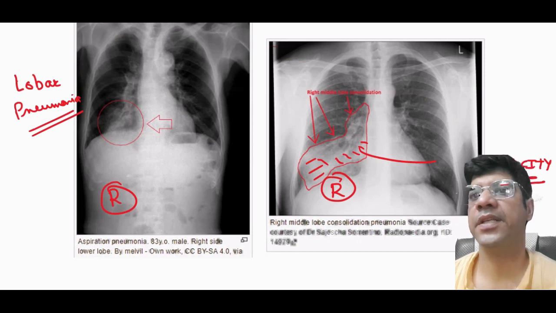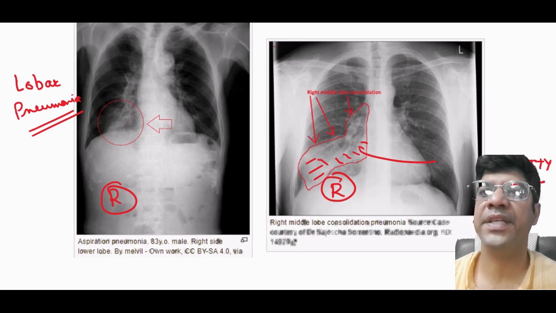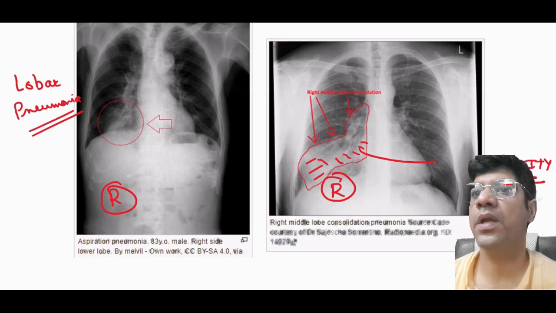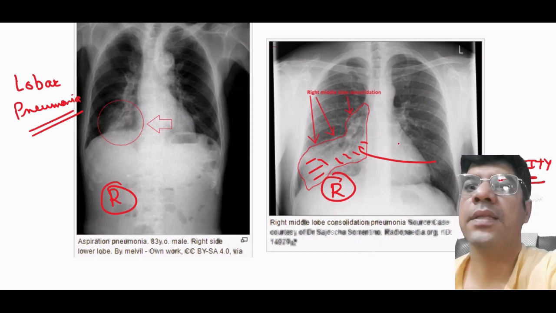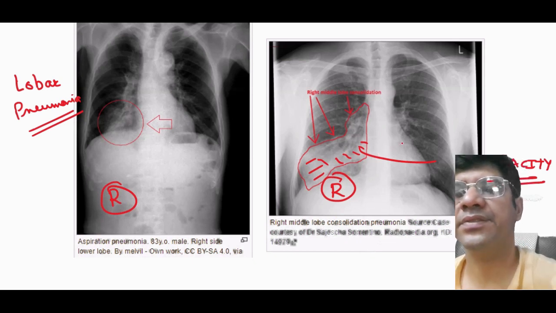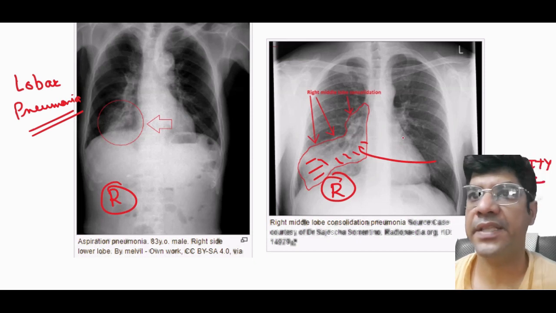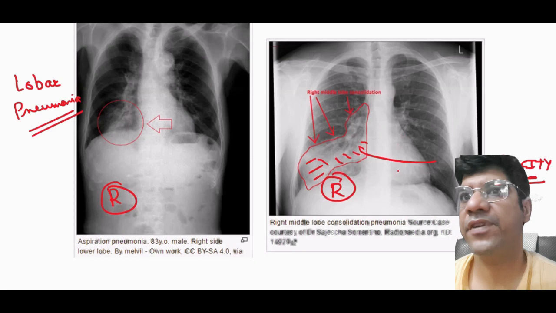In aspiration pneumonia, the area of opacity may indicate a region of lung consolidation or inflammation due to the presence of the aspirated material. Another thing you can notice is segmental opacification. Segmental opacification refers to a localized area of opacity affecting specific segments of the lung.